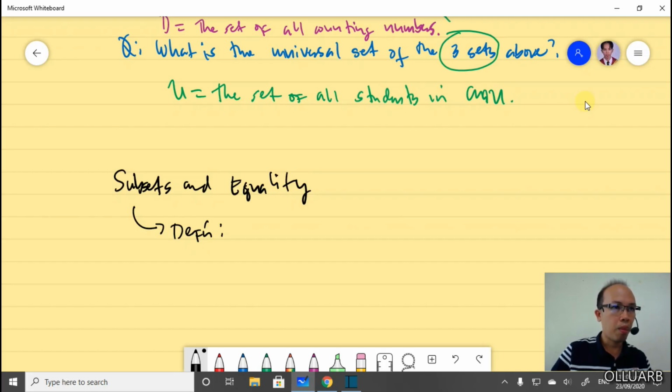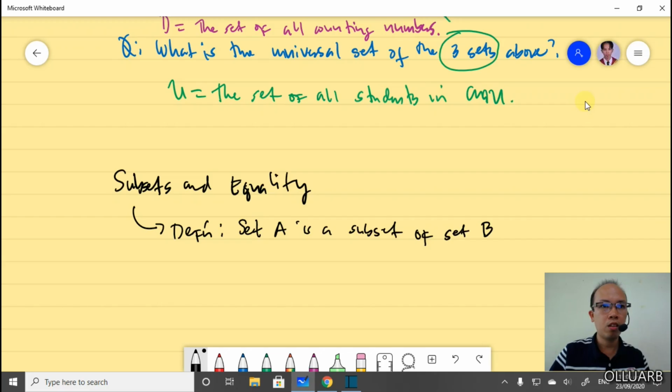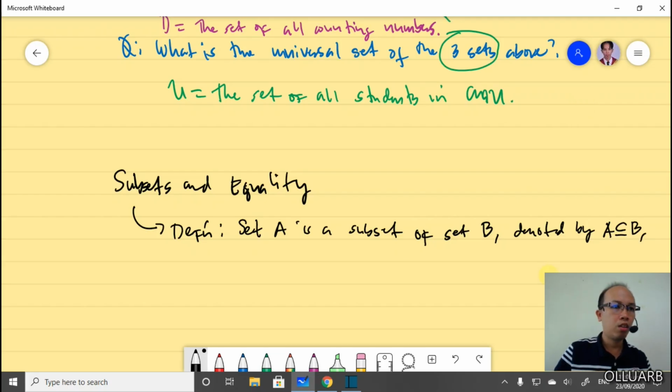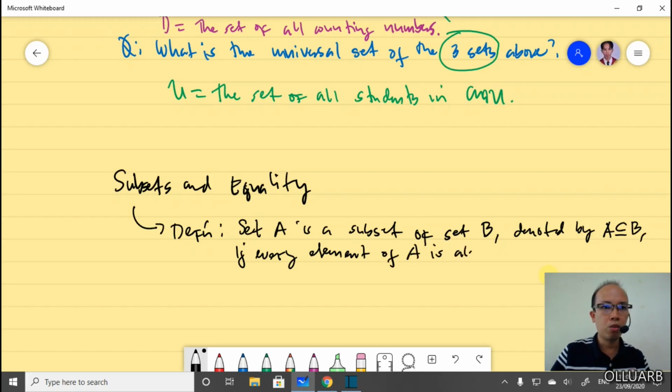It says here, set A is a subset of set B, denoted by this symbol, if every element of A is also an element of B.